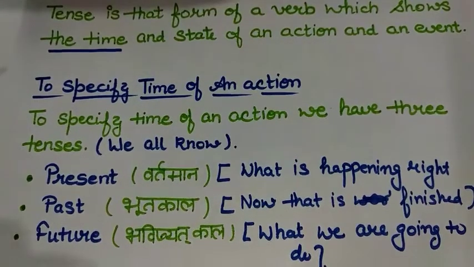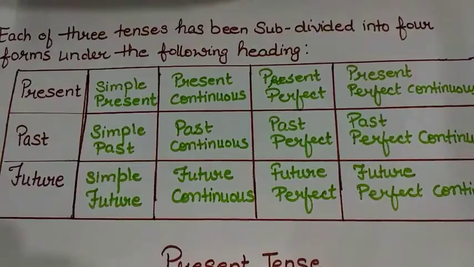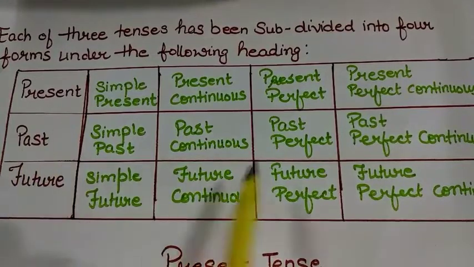Now let us understand the subtypes of these tenses also. Each of these three tenses has been divided into four forms under the following headings, as you can see in this table. See, this table is very easy to understand and we will go stepwise.